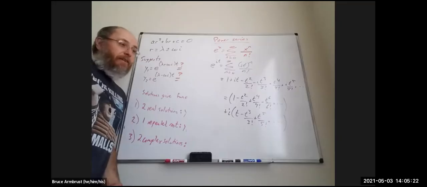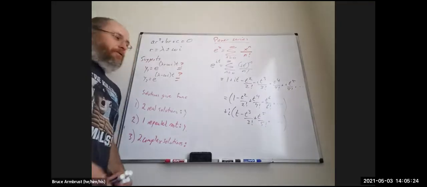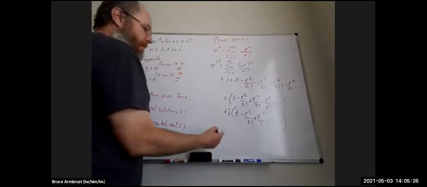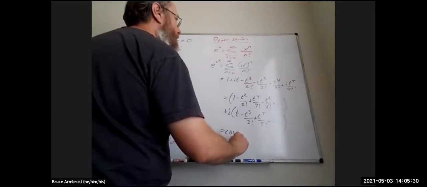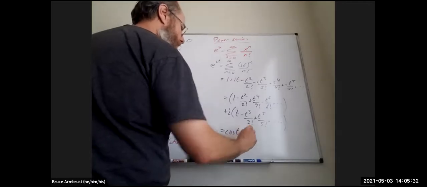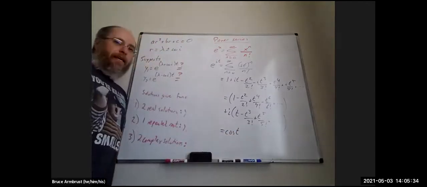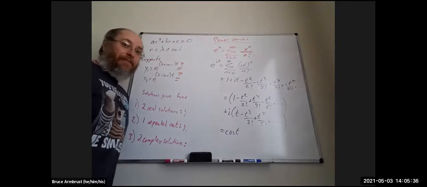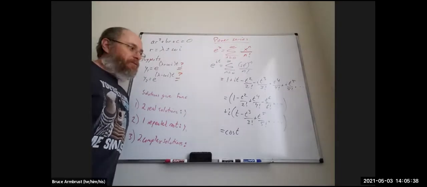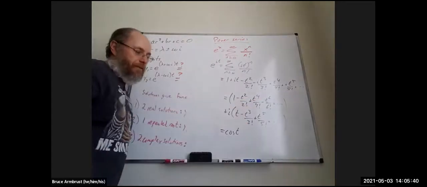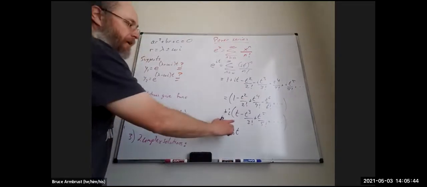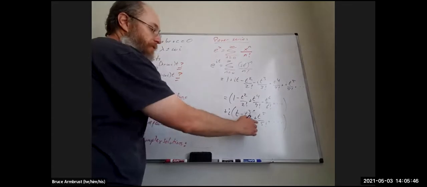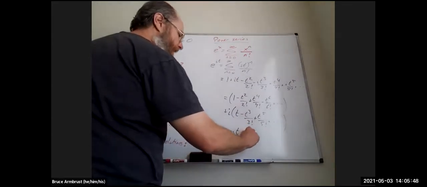Okay, good. That is either sine or cosine, and it turns out that's cosine. Best way to remember that is cosine's an even function, so it has to be made up of even degree terms in the power series. This other one that has all the odds, that's sine.